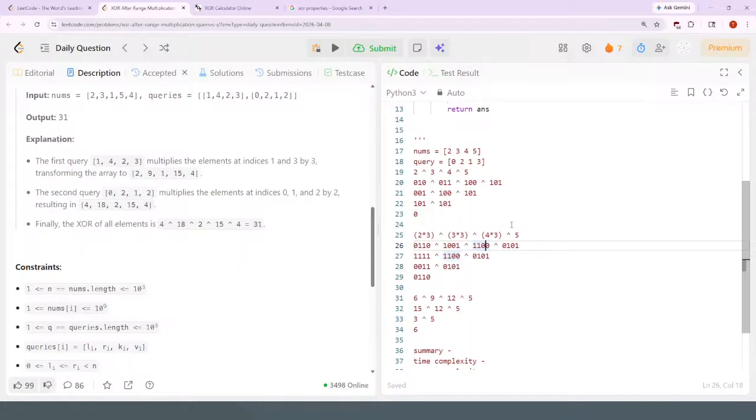Alright, let me do 2 times 3. 2 times 3 times 2 XOR 3 times XOR 4 XOR 5. If I insert a multiplier, I don't think there's anything. Is there any simplification here? Like some number times k, XOR some other number times k.